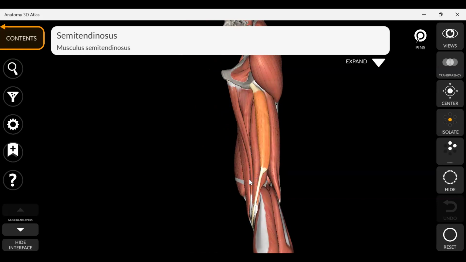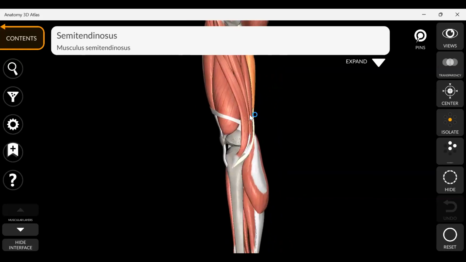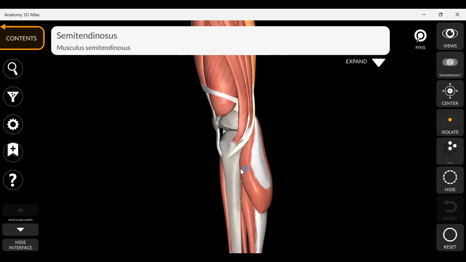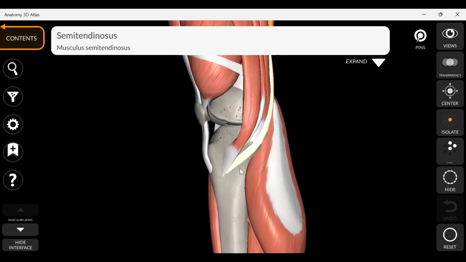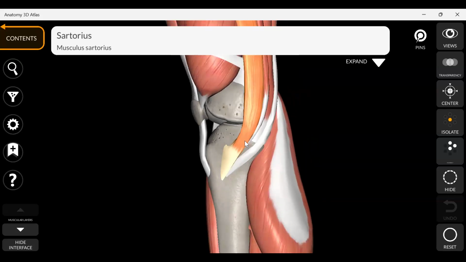Semimembranosus attachment is slightly different, but these three muscles come together and join at the upper part of the medial portion of the tibia. And these muscles are known as the pes anserine muscles because their lower attachment looks like the feet of a goose. Okay, so that is known as the pes anserinus muscle.